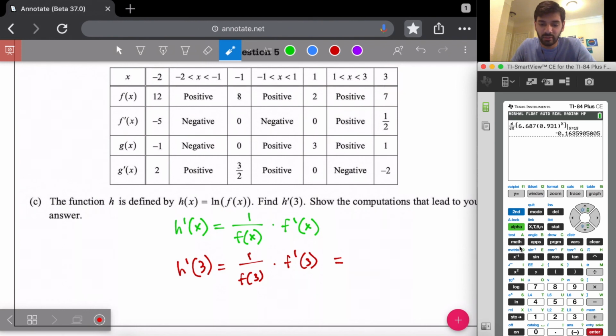So f of 3 is 7. So my first part here is 1 over 7. And now I need to find f prime of 3. F prime, this row right here, f prime of 3 is 1/2. So times 1/2, multiply across, we get 1 over 14. Boom, we're done.